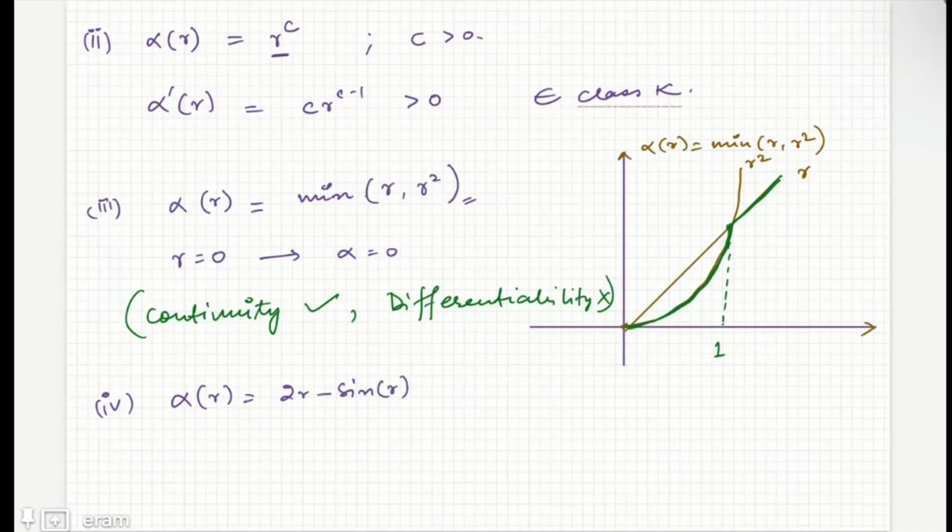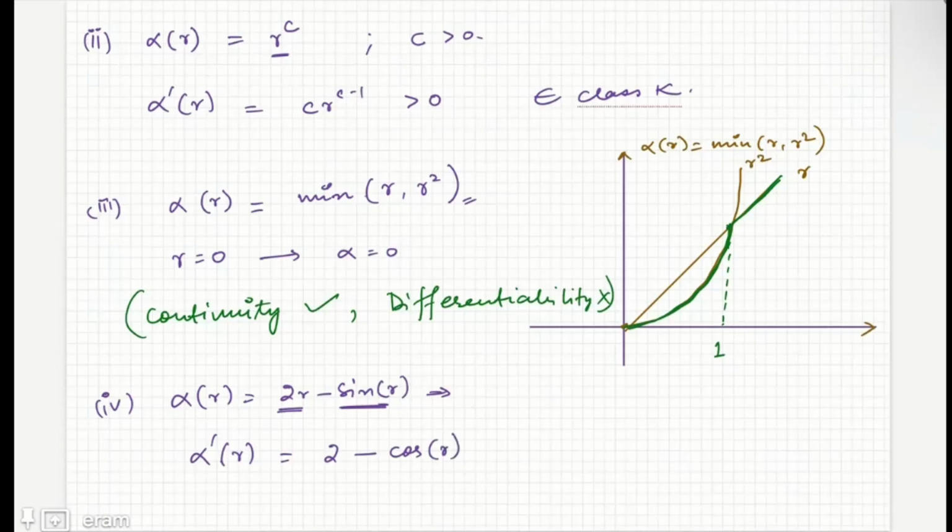Now let's move on to our final function, which is 2r minus sine r. This is also 0 at 0, and since this is 2r, it is always greater than sine r, so it maps to a positive quantity. Its derivative is 2 minus cos r.